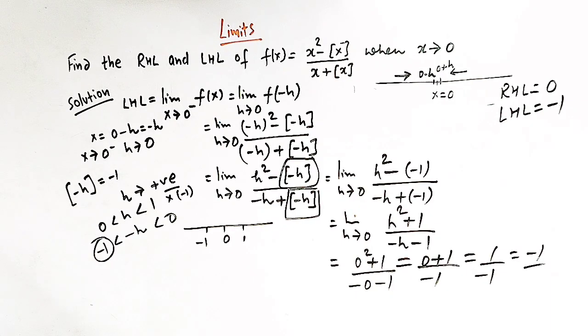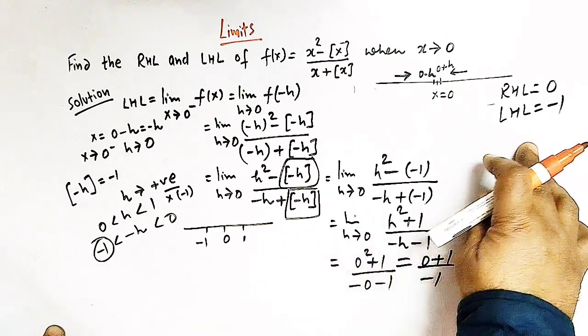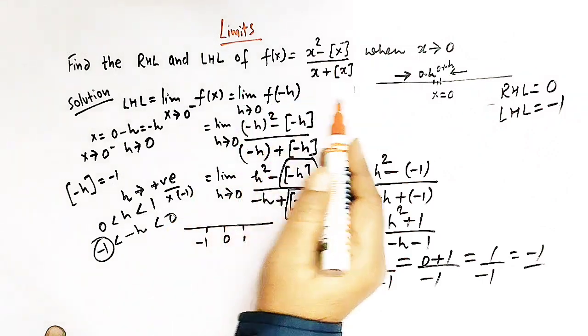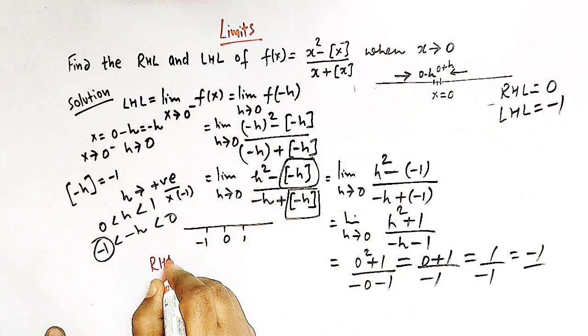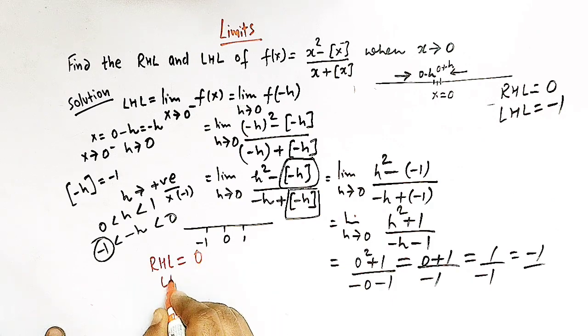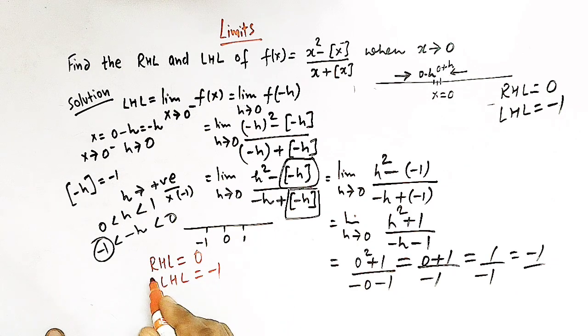So viewers, from this discussion we have arrived at the result that when x approaches 0, the right hand limit is equal to 0 and the left hand limit is equal to minus 1. And for the existence of the limit of a function at a given point, these two limits should be equal to each other, right? And moreover, the right hand limit and the left hand limit both should exist, and they should be finite, right?